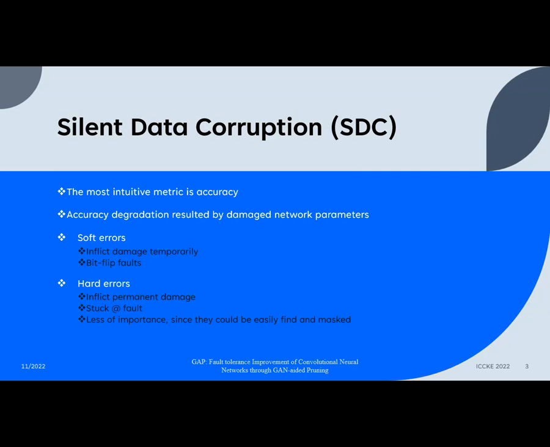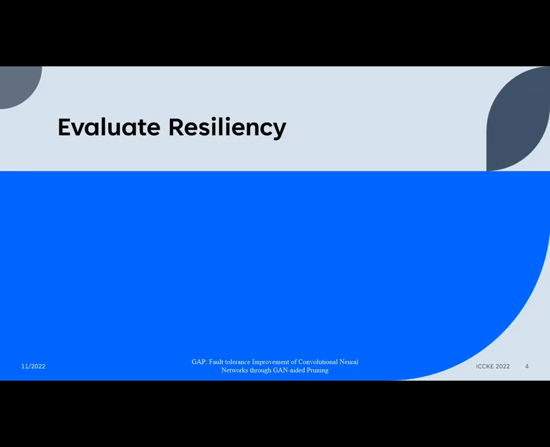Hard errors inflict permanent damage to a specific part of memory and can be simulated by injecting stuck-at faults into memory, which persist the memory value at 1 or 0. These are usually of less importance compared to soft errors because they can be easily found and masked out.